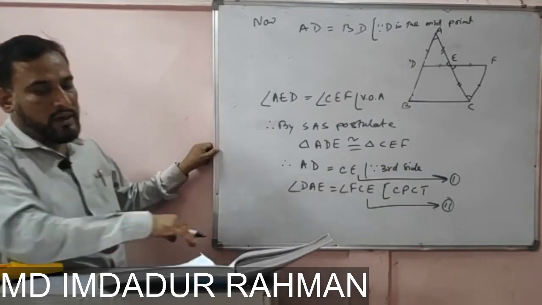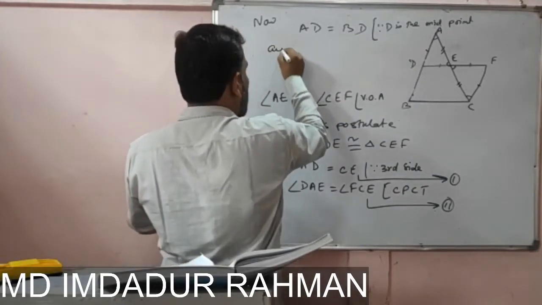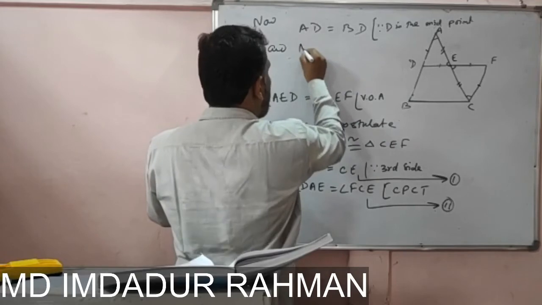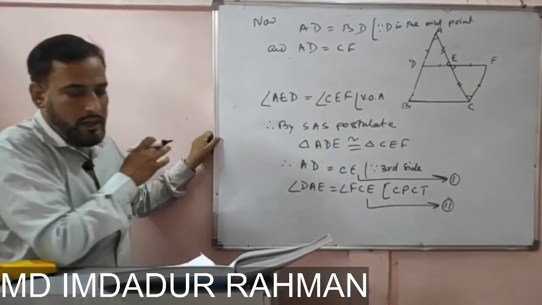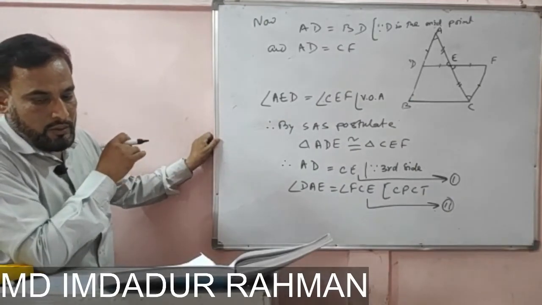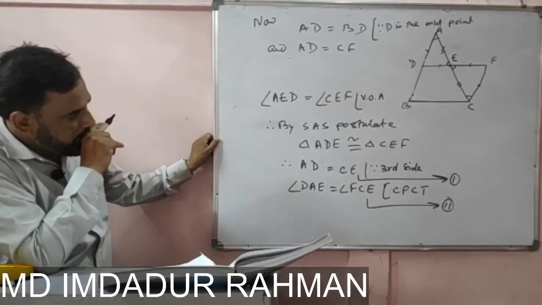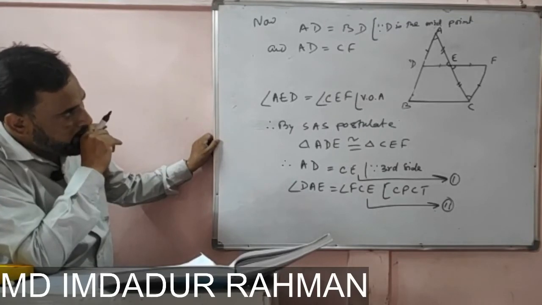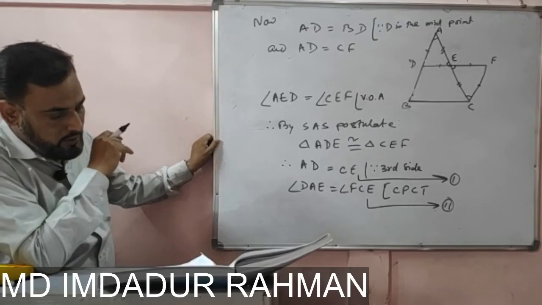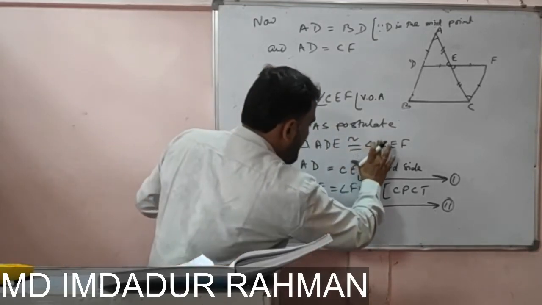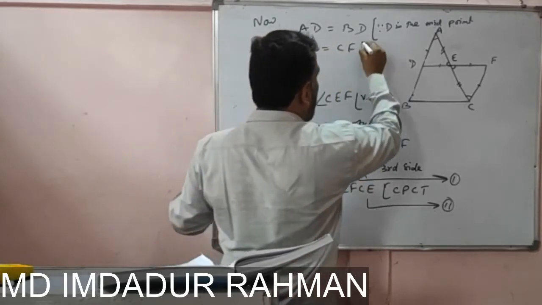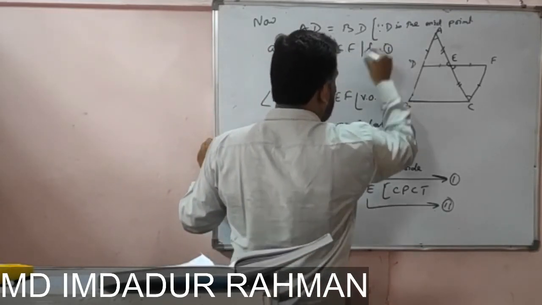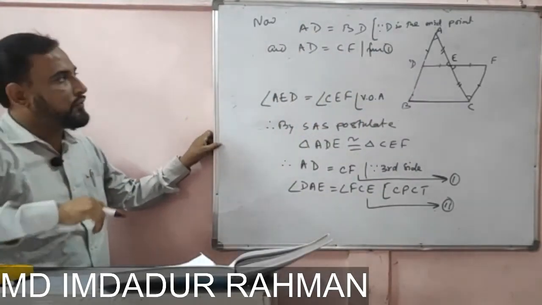So AD is equal to BD and AD is equal to CF. You see, I have made a mistake. AD is equal to CF, it will be. So AD is equal to CF from 1.